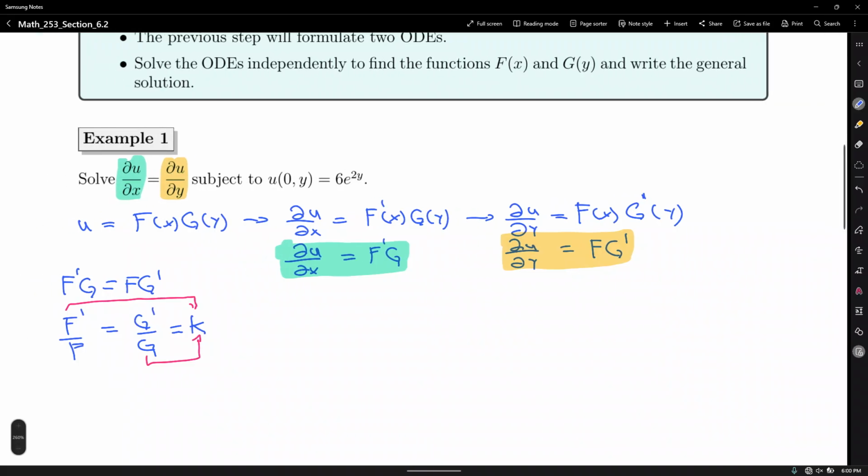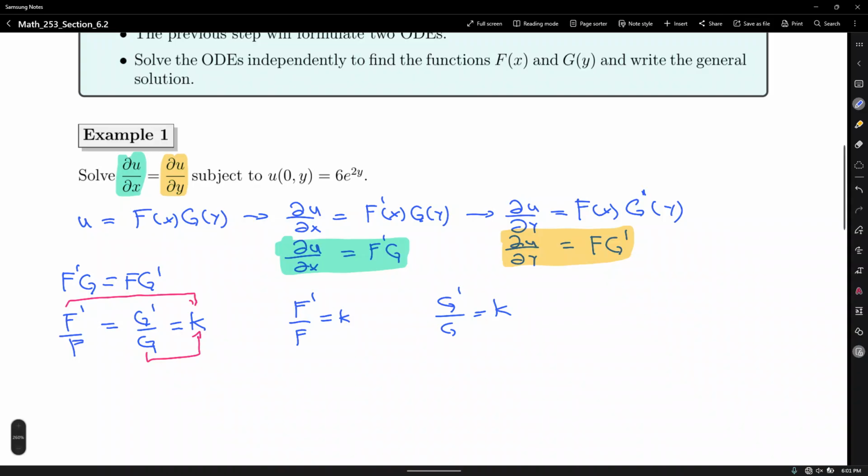On the one hand, f prime over f equals k, and on the other hand, g prime over g equals k. These are two separate ordinary differential equations that we can solve by separation of variables. Yes, this time back to the original separation of variables, the week one separation of variables.